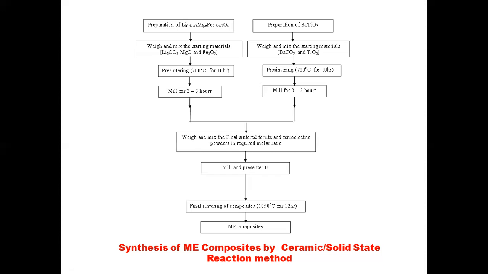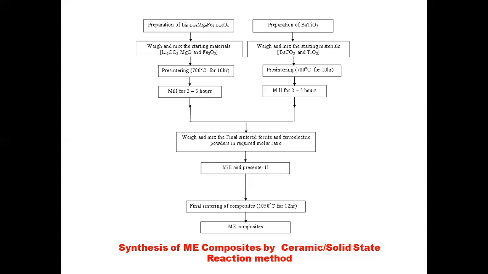That means you can use water as a mixing agent to mix these oxides, or you can use organic compounds like acetone, glycine, toluene, that kind of highly volatile liquids as a mixing agent.